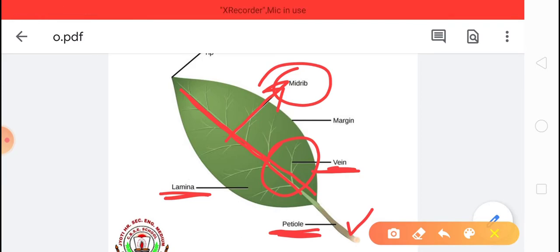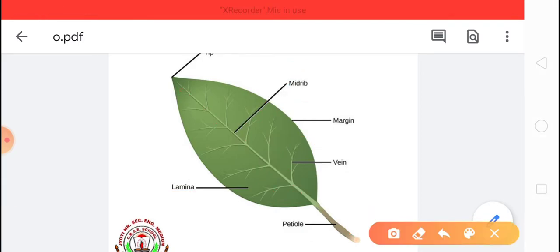Once again, the flat portion of leaf is called lamina or leaf blade. The small stalk of leaf which connects the leaf to the stem, that small stalk is called petiole. With the help of the petiole only the leaf is attached to the stem.